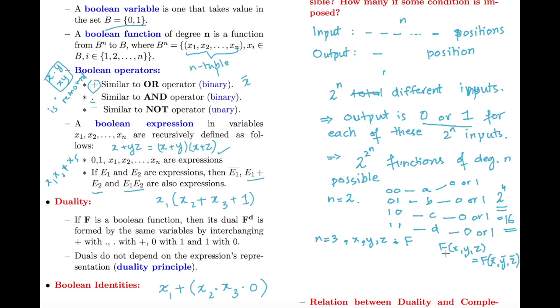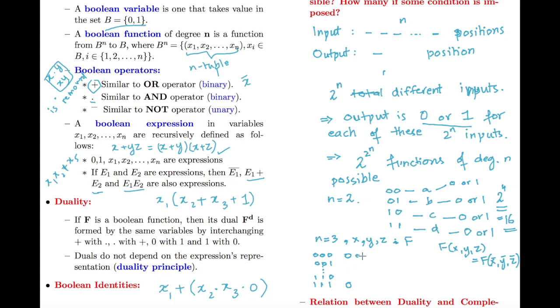Note that since I have three inputs, I have a total of 8 possible input combinations. But I am also told that f of x, y, z equals f of x bar, y bar, z bar. So this means for whatever value I choose for 000, if I choose 0 here, for 111 I have to choose 0 here, because 111 is x complemented, y complemented, and z complemented. Similarly, if I choose 001, then 110.